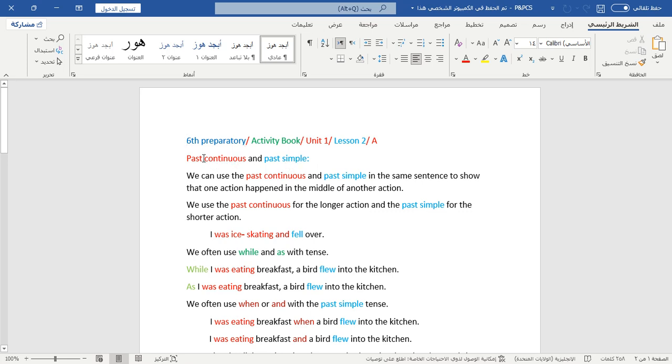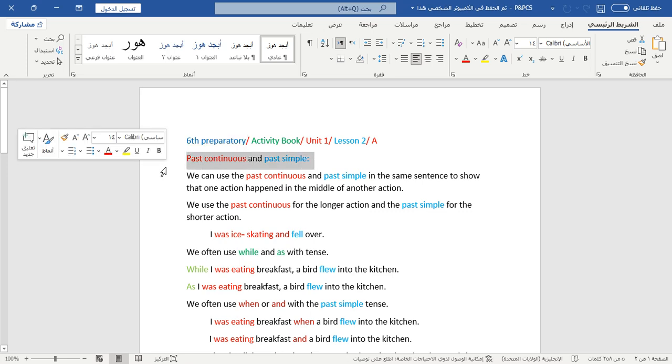First of all, we should show the difference between two tenses. Past continuous focuses on the duration of the action in the past. That means the action happened in the past and continued for a specific period in the past.